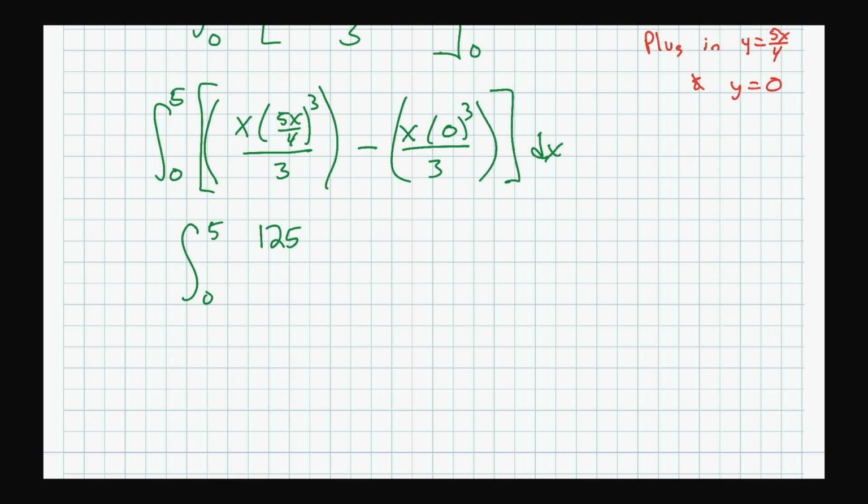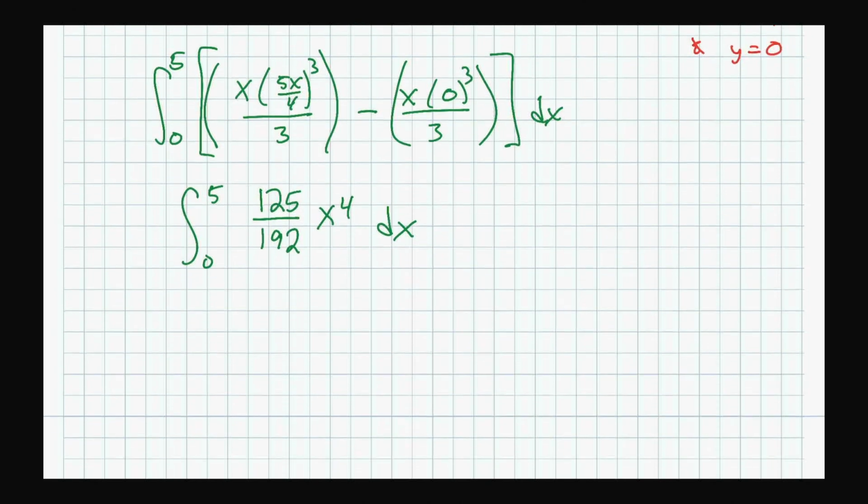So times 3 is 192. So you end up with 125 over 192. And then for x's, you've got x to the 3, and then another x, which is x to the 4th. And of course, the second term just works out to 0. So this is it. Okay.